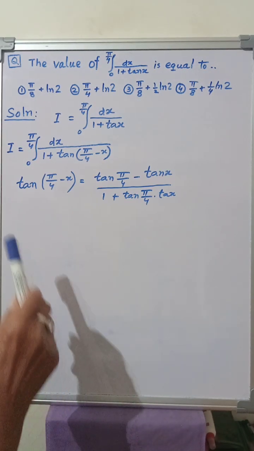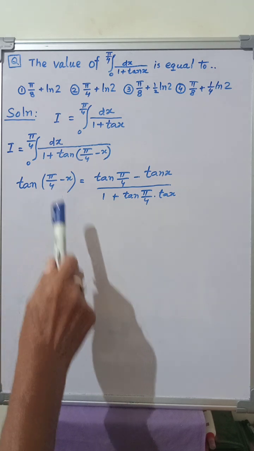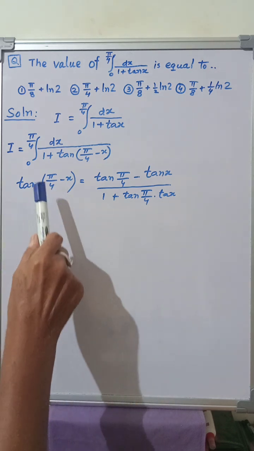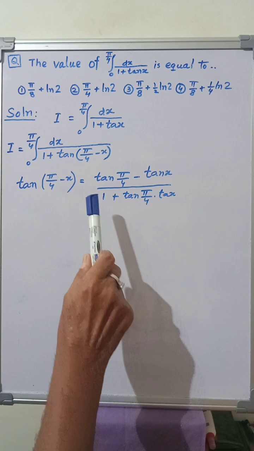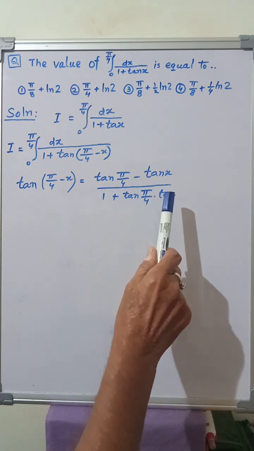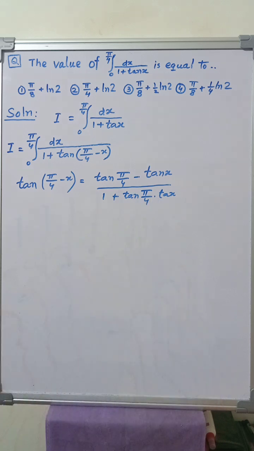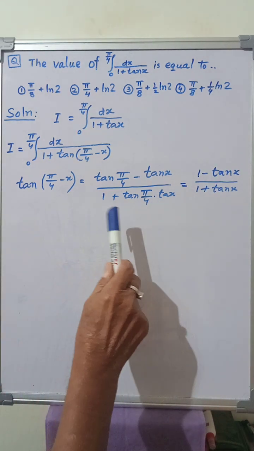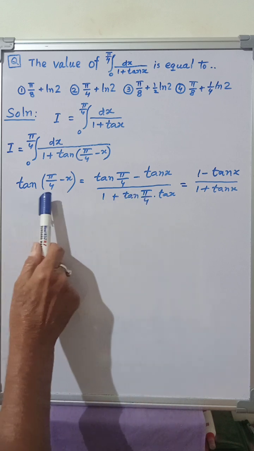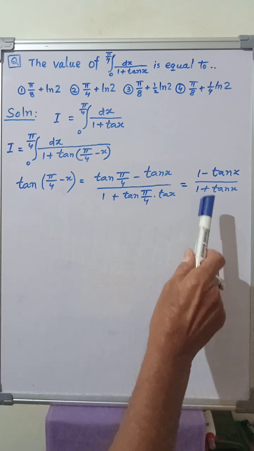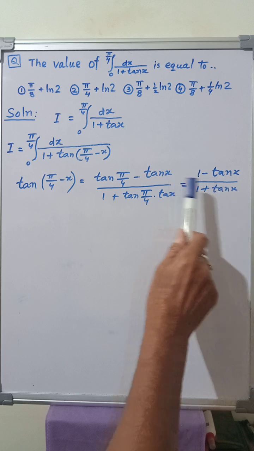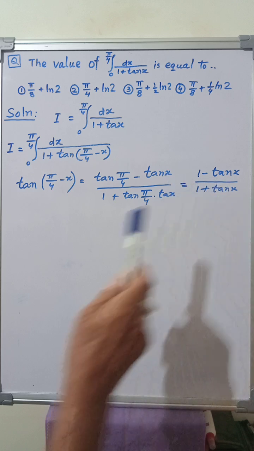Using the formula for tan of a minus b, we get tan of pi by 4 minus x is equal to tan pi by 4 minus tan x divided by 1 plus tan pi by 4 into tan x. Putting tan pi by 4 is equal to 1, we get tan of pi by 4 minus x is equal to 1 minus tan x divided by 1 plus tan x.